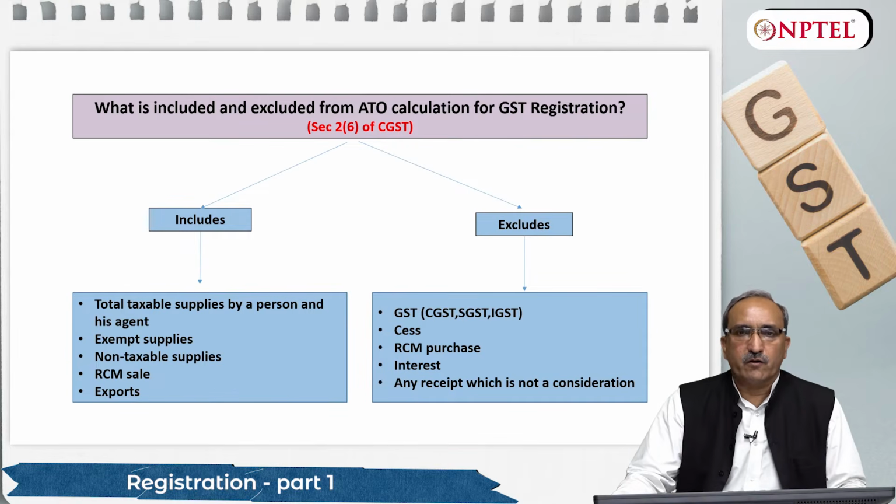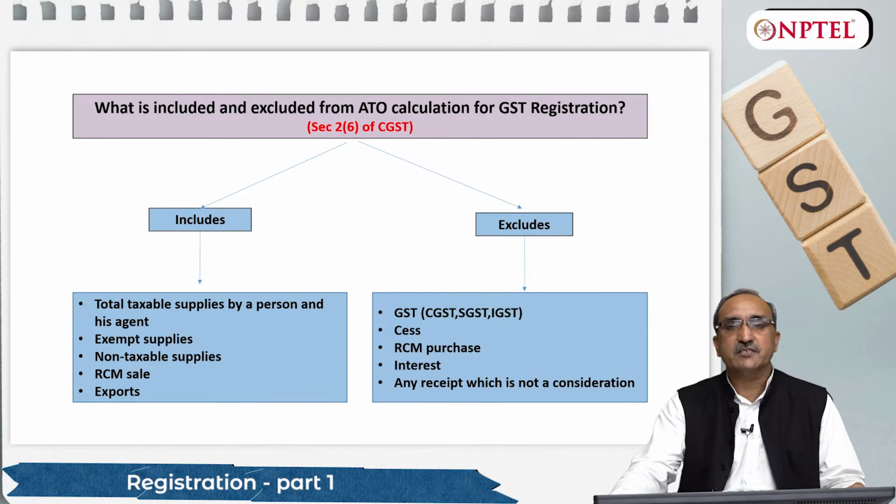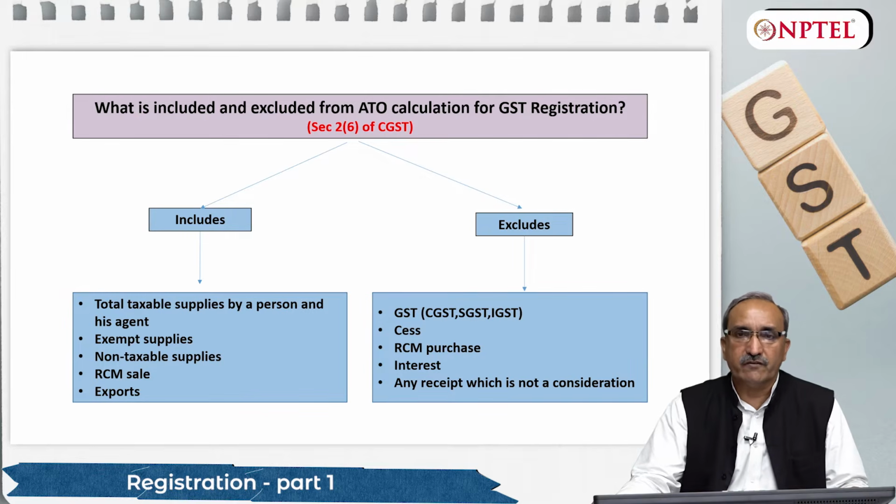Aggregate turnover is a very important question here. What is included in aggregate turnover and what is not included in aggregate turnover? I mentioned it in the previous slide also. So section 2 subsection 6, I told you that definition sections are very, very important. So in the definition section, subsection 6 talks about aggregate turnover of the CGST Act.